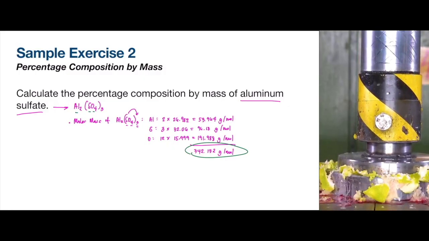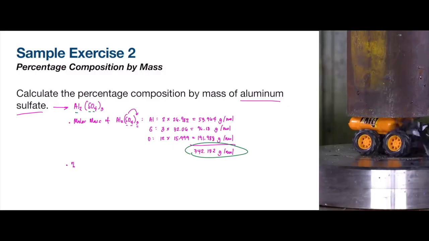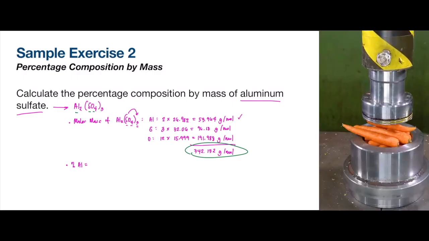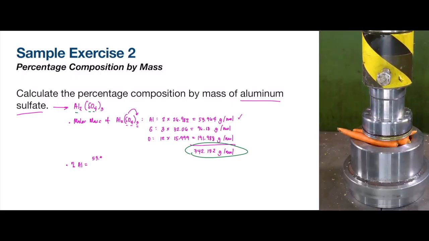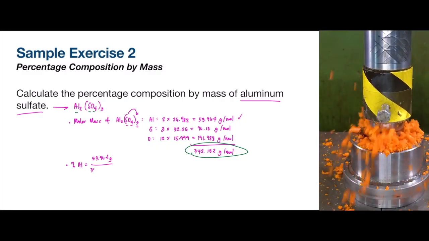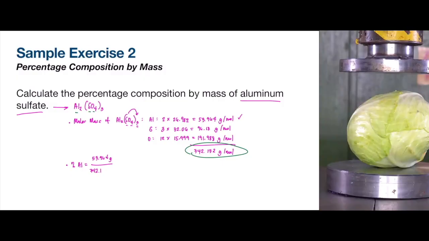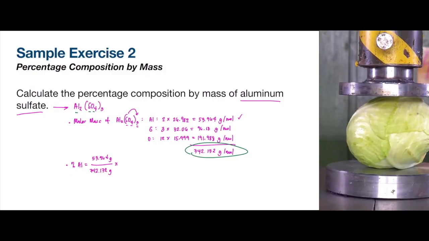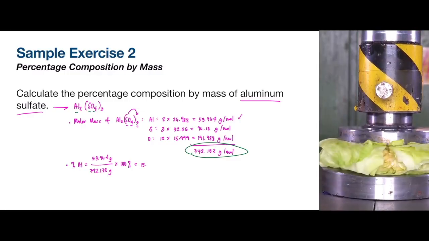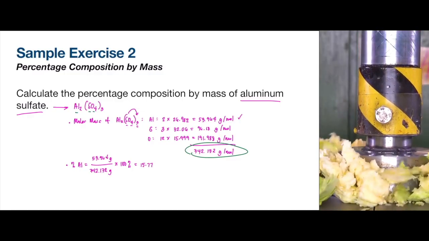Let's start with aluminum. So percent aluminum is equal to, the parts for aluminum is 53.964 grams divided by the total parts, which is 342.132 grams times 100% equals 15.77%.